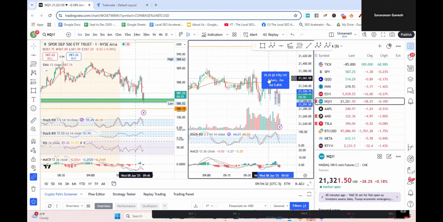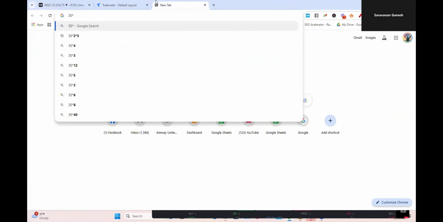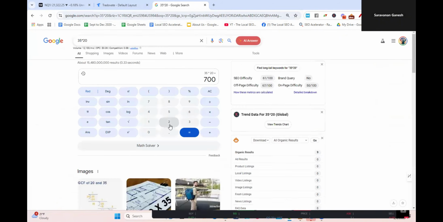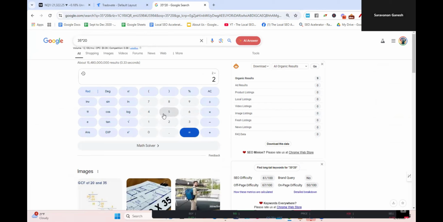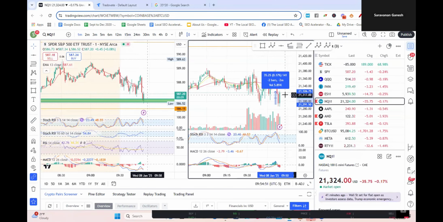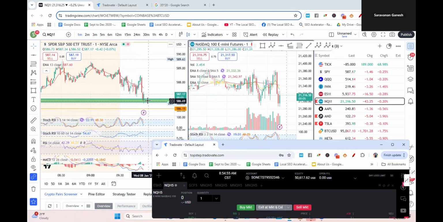That's 35 points, and one NQ point is $20, right? That's $700. And you take just 2 contracts, 700 times 2, $1,400, and you're done for the day. Okay. So if you wait patiently half an hour, $1,000, $700, you can do it. So hope it makes some sense.